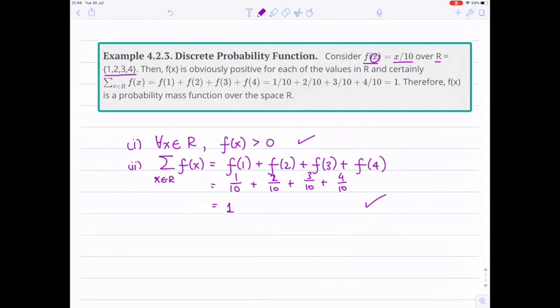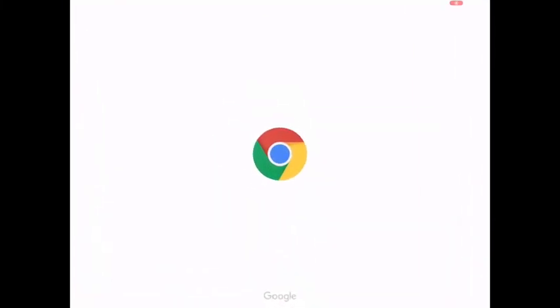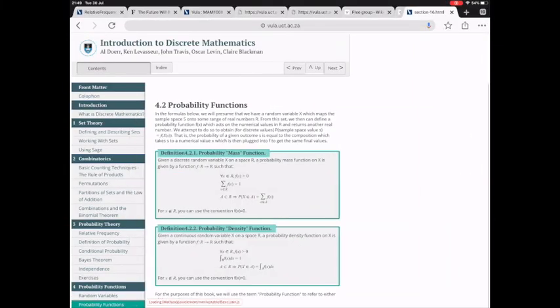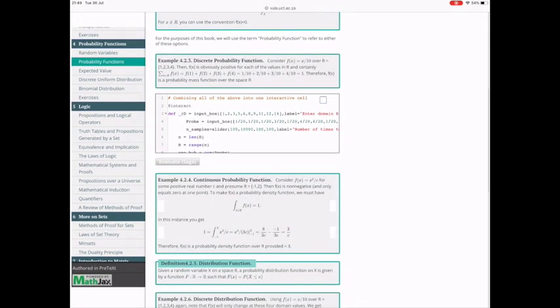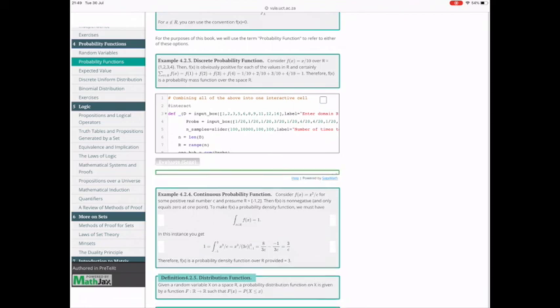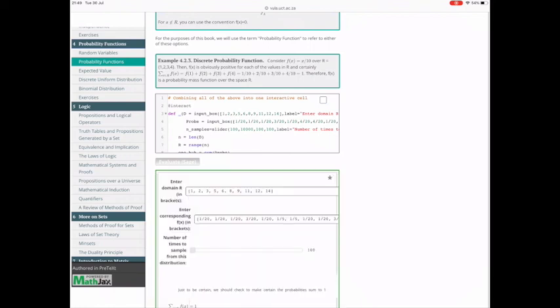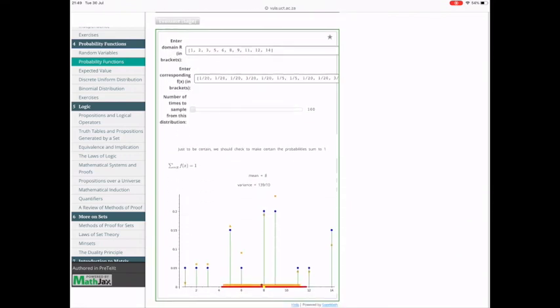And if we head off to look at our textbook, we can also see what some other probability mass functions look like. So if we evaluate SAGE, here, if you look at the first block, that's our domain.